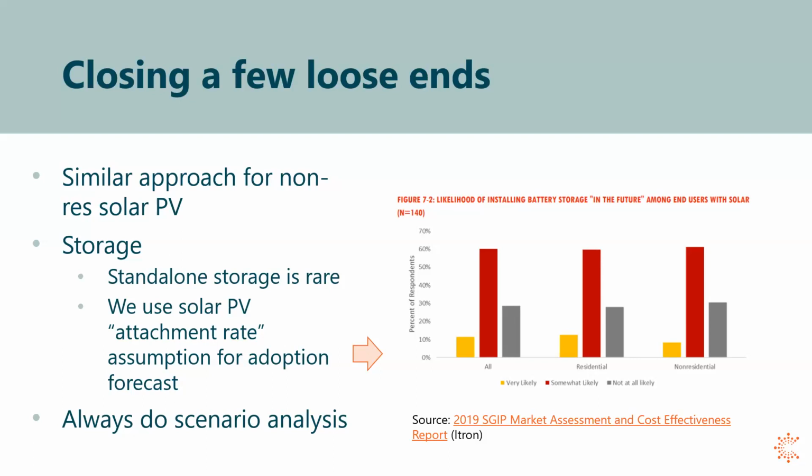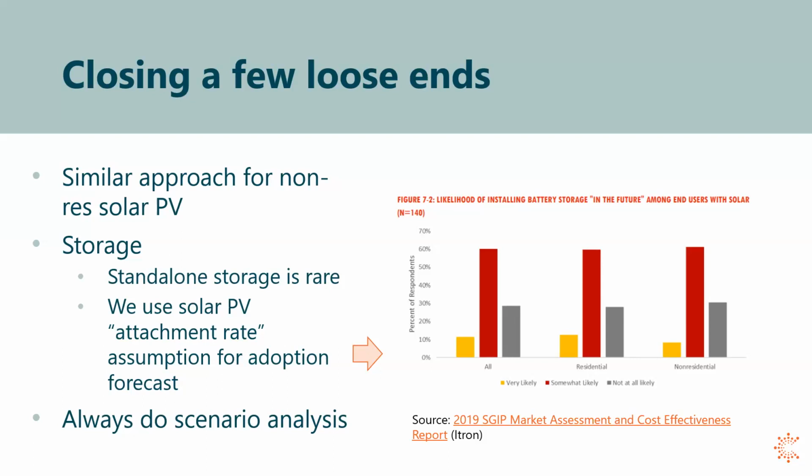So today what I'm using is an attachment rate that just says, all right, if you install solar, then there's a certain probability you'll install storage as well. And I've been using that for my forecast. The final bullet point I have on the slide here is thinking about scenario analysis. There are a lot of assumptions that go into what I just talked about. So I feel that scenario analysis is critical in terms of coming up with a good forecast.